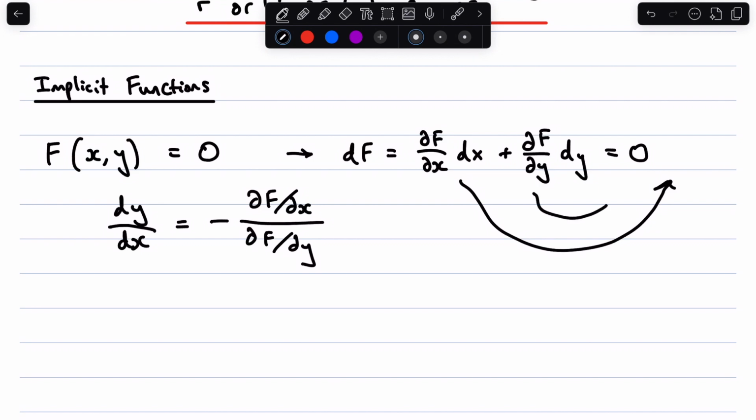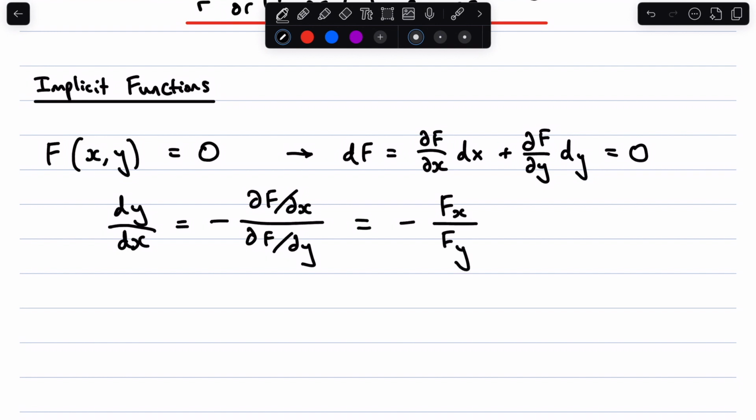We then divide by dF by dy, and then bring back the dx onto that side by dividing by dx on both sides. So we're left with our gradient equaling minus partial dF by dx over partial dF by dy, and we can rewrite that as that shorthand notation I showed you before, like so.